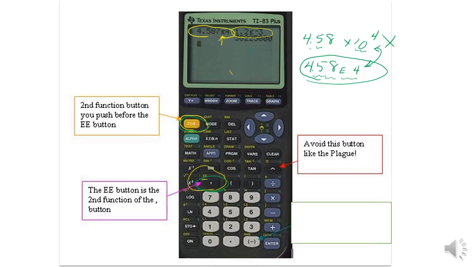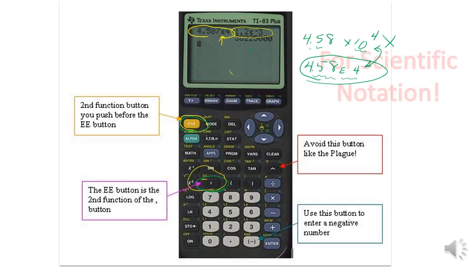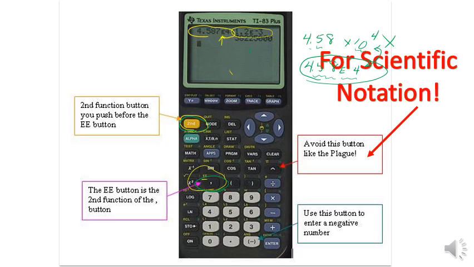When using scientific notation, do not use this caret button at all. I mean, if you're taking just any number and saying, okay, I've got to cube this number, go for it, use it, but not for scientific notation. And make sure that you're using this button down here for negative numbers.